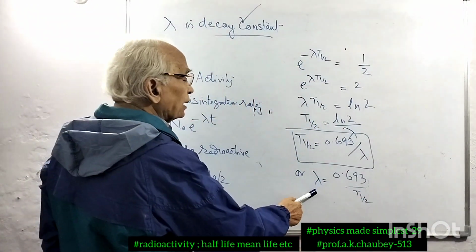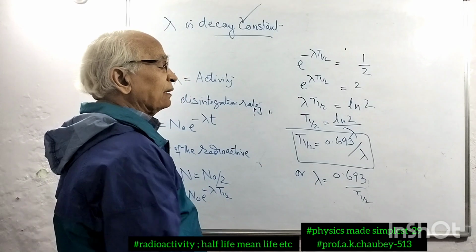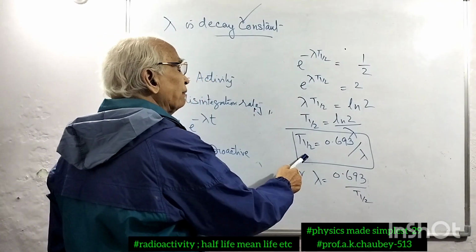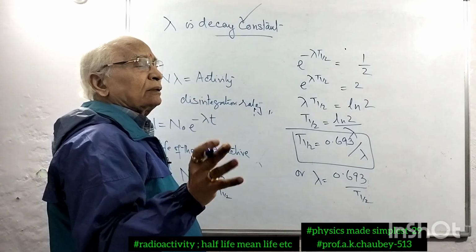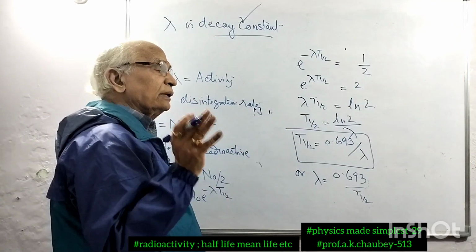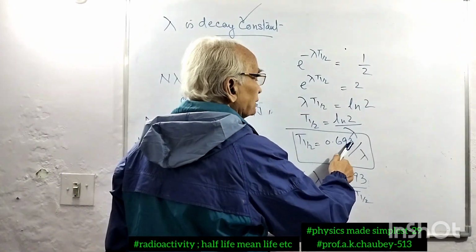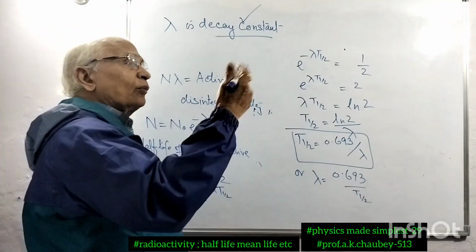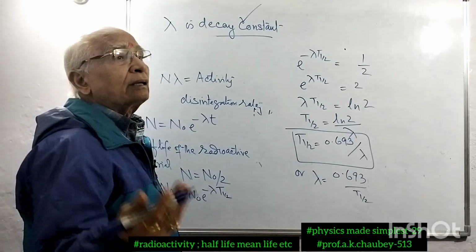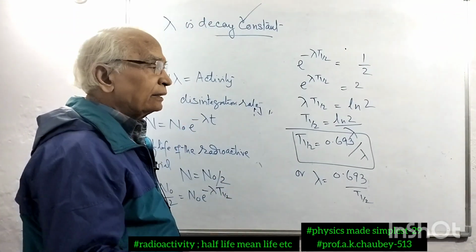The decay constant is related with the half-life by this equation. A half-life means a time after which the radioactive nuclei become half of the initial, and that is 0.693 upon lambda. From this you can find out more and more time when it becomes a quarter, when it becomes 1 by 8, like that.